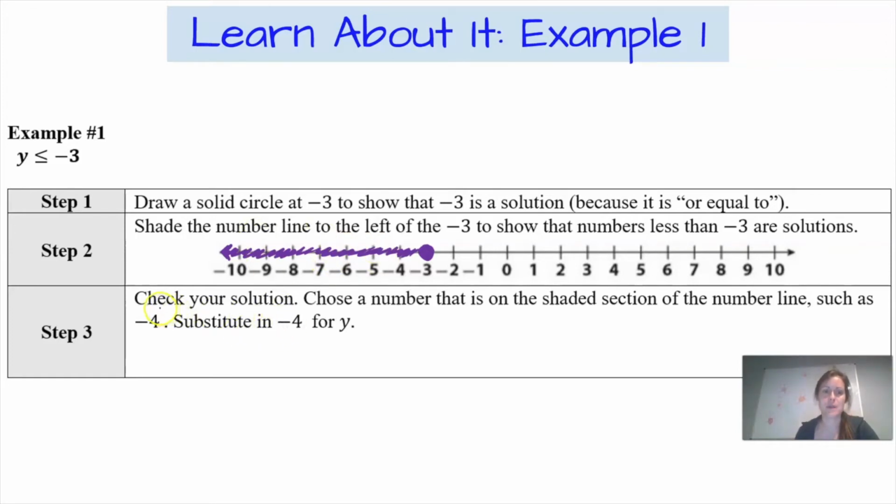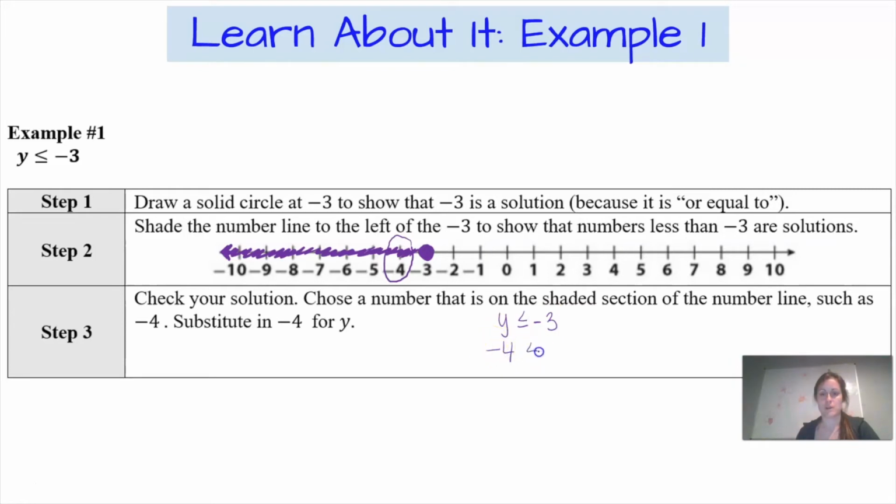The last step says check your solution. Choose a number that is on the shaded section of the number line, such as -4. Substitute in -4 for y. So here's -4, that's in the shaded section. I'm going to rewrite my inequality, which says y is less than or equal to -3. And I'm going to substitute or replace y with -4.